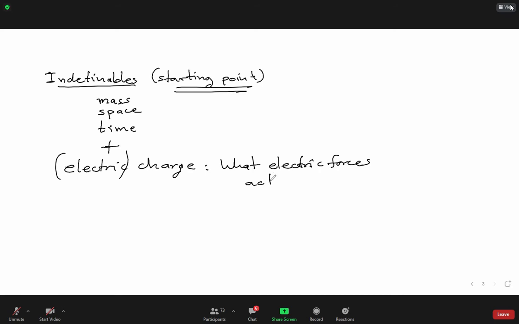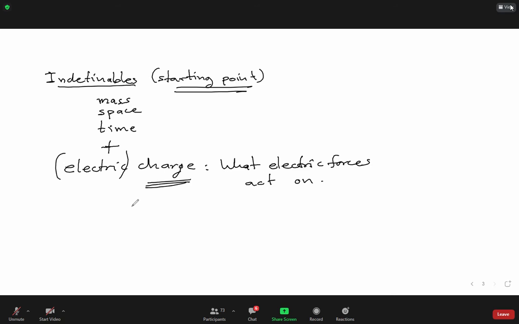Of course, that's not really an explanation because we haven't decided what electric forces are other than a name that we gave to forces that we observe sometimes. Right, so we take this to be another indefinable quantity in this list. So it's a new entry. So what is charge? Well, it's just something that exists and we don't break it down into anything further.